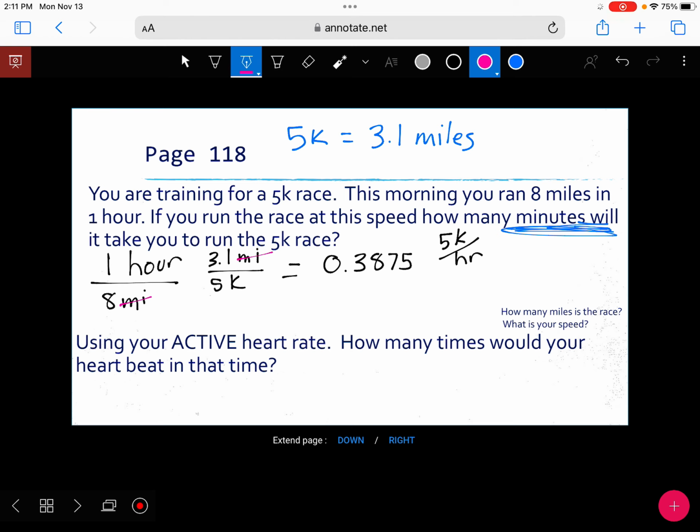Now I could multiply the 8 and the 5, which is going to be something a lot of us are really tempted to do. But I don't want to know how many hours per kilometer. I want to know how many hours per 5K. So I'm going to leave the 5 in there. I don't need it to be gone away.